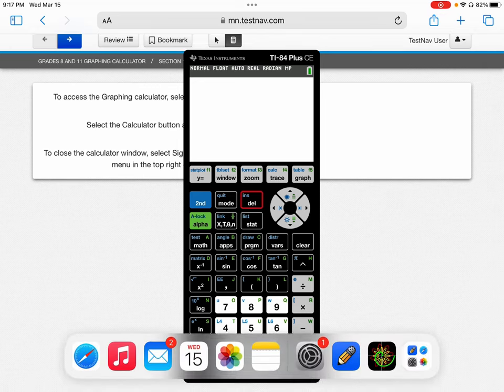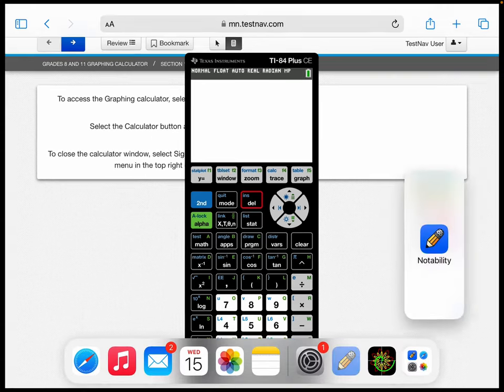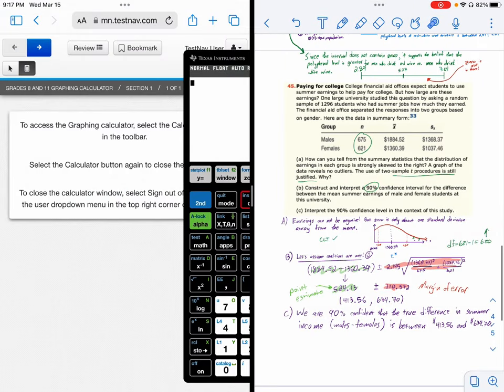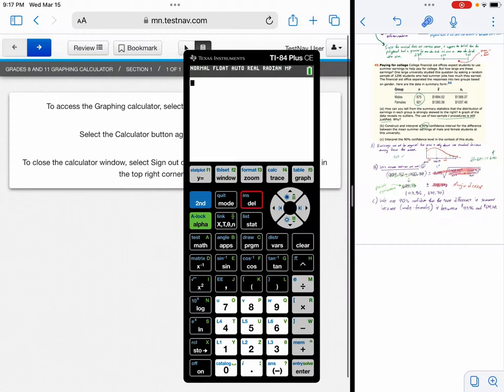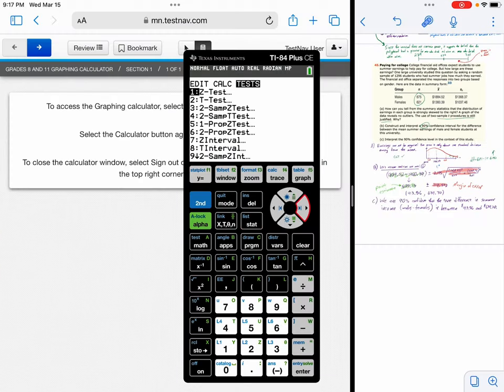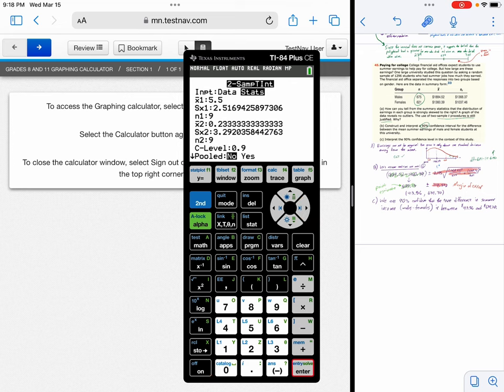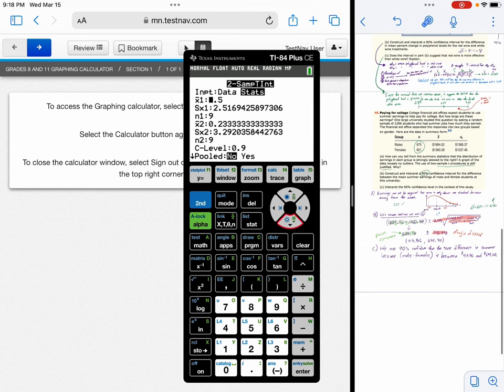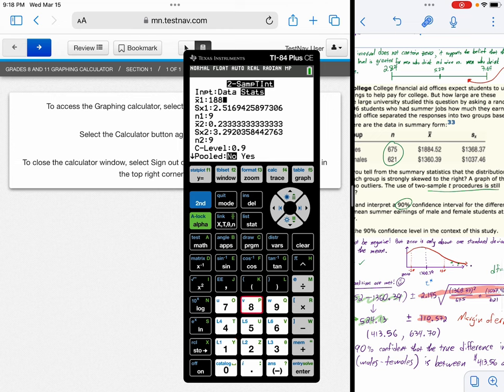I need to be able to see it though. All right. I think I had the data entered. Let's see if it kept it. If I do stat tests, 0 and I do the stats. Oh, nope. I have to enter these by hand. So kind of annoying. I get it, but take your time. 1884 and 52 cents is the average for the males.